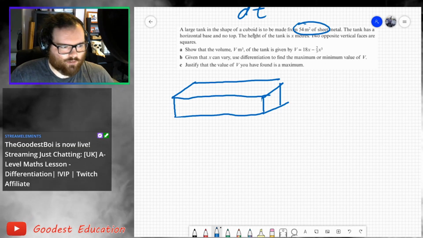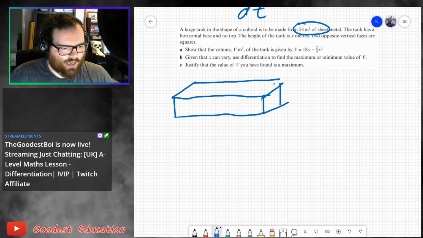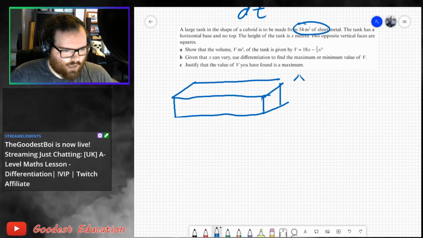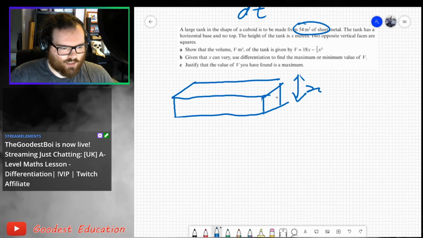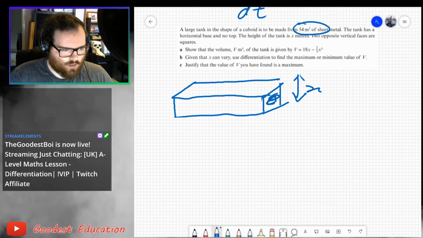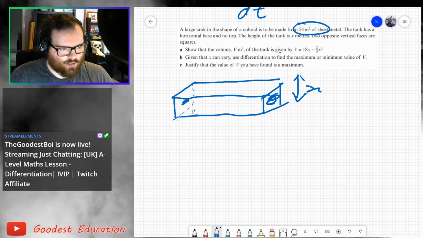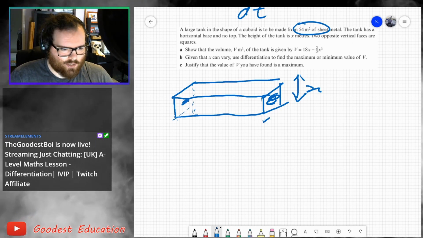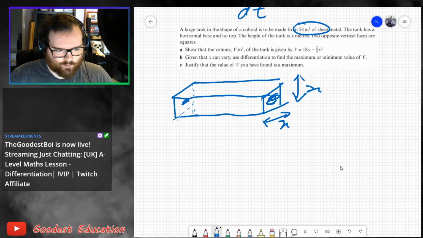That's going to be useful. So it's a horizontal base with no top. The height of the tank is x. Then the two opposite vertical faces, which is going to be this one and the one over here, are squares. So it means that this distance here is also x.